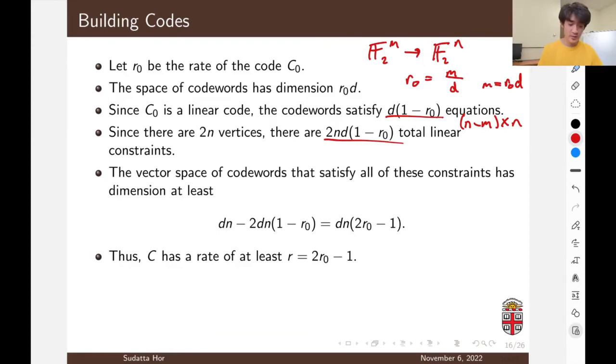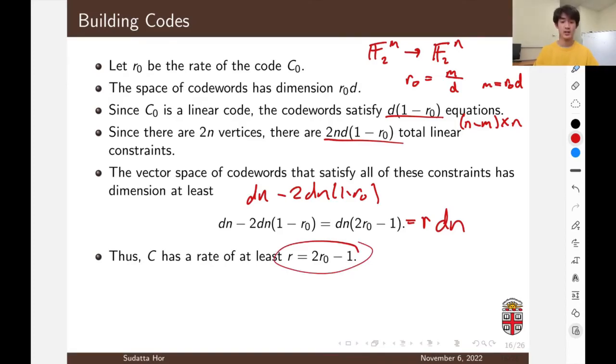And then the vector space of all code words that satisfy these constraints will have dimension dn minus the number of constraints. We find the dimension of the code words, and this is actually equal to the rate times the length of the code words. And this is how we can actually determine the rate of C.